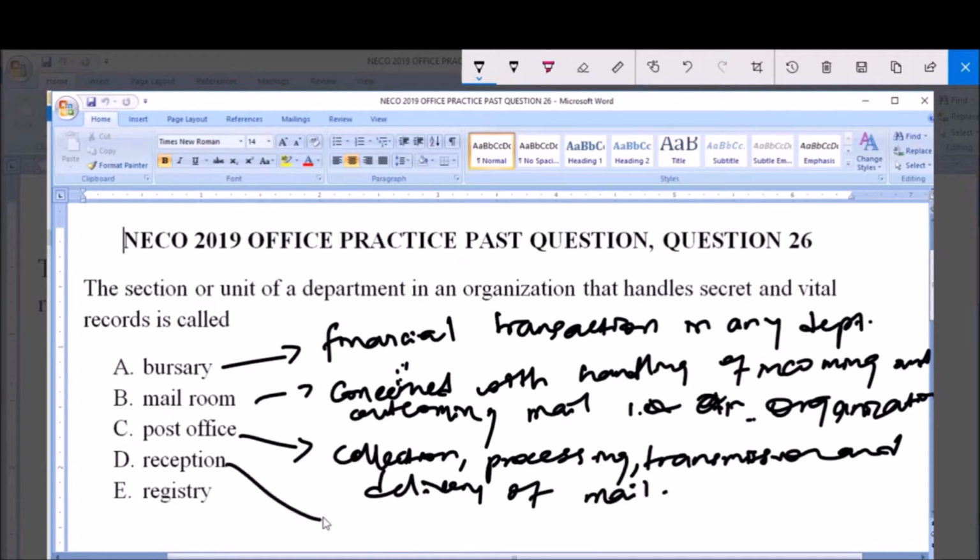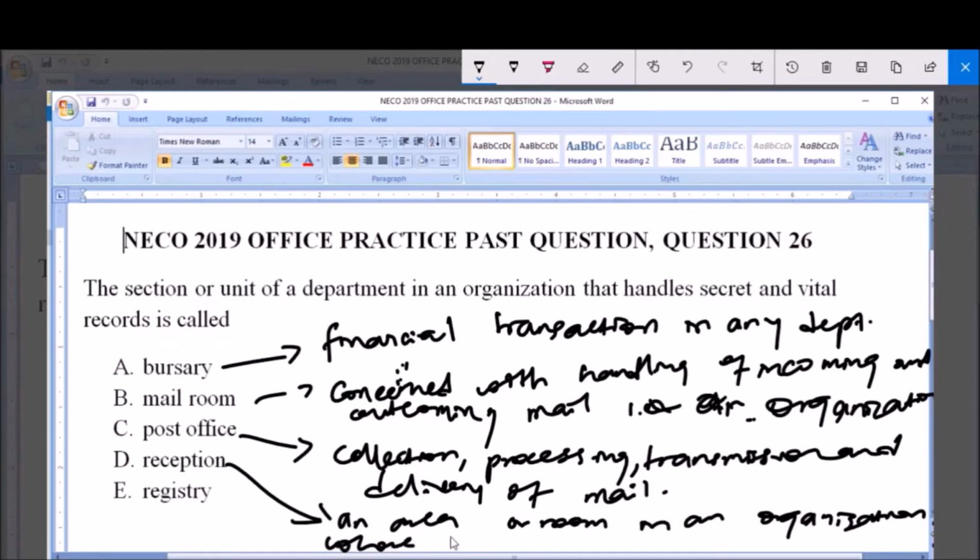Then D says reception. The reception is an area or room in an organization where visitors or guests are received or directed, or where appointments are booked.